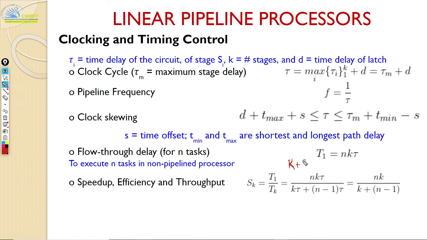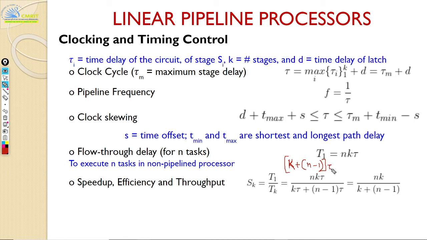Then all the subsequent instructions each take one cycle. My second instruction I will get in the k plus 1 cycle, so every instruction I get in one cycle. Which means the remaining n minus 1 instructions I will get in n minus 1 cycles. So this is the total clock cycles for processing n instructions.